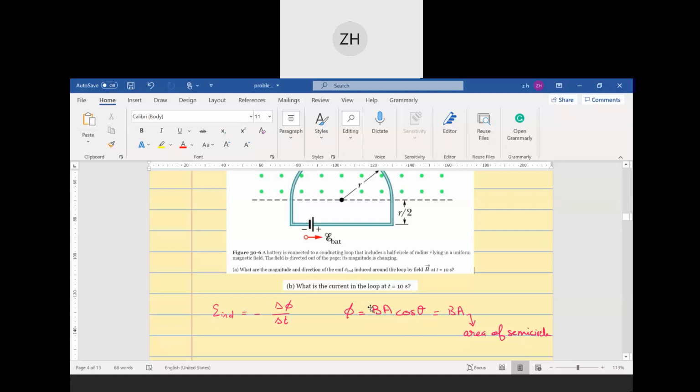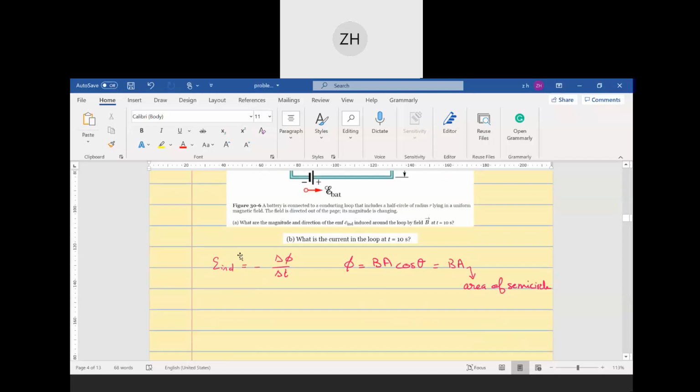We know that B depends on time, but it's uniform with respect to position. So this area is going to be constant. Now, to find the induced electromotive force, since B depends on time, phi will depend on time as well. So it will be the derivative of phi with respect to t.